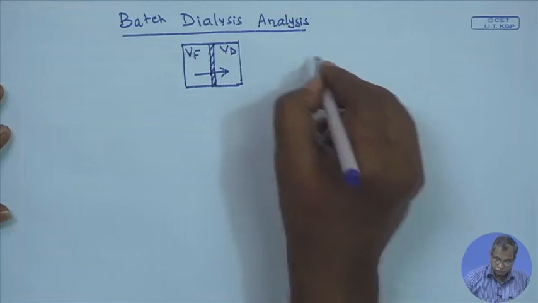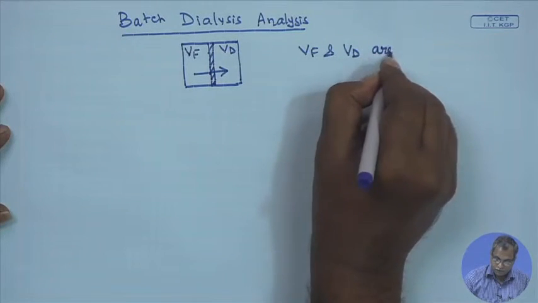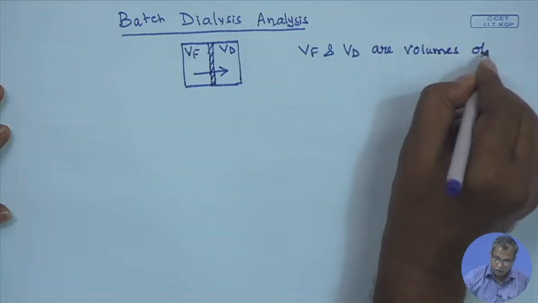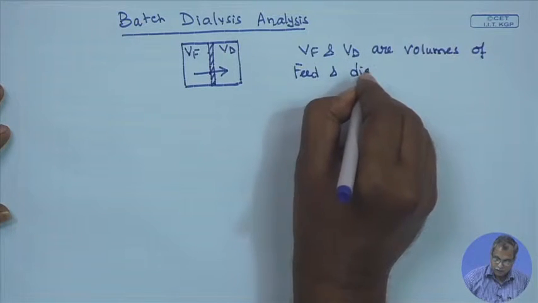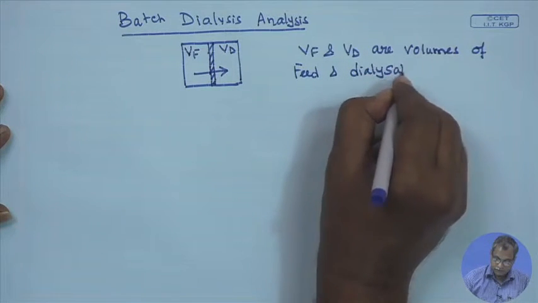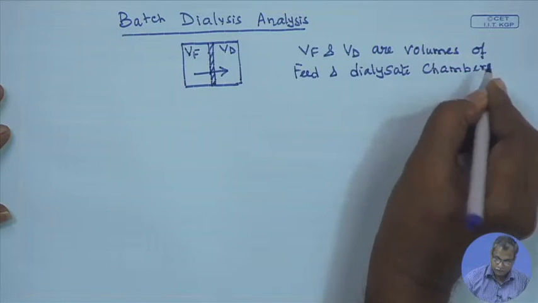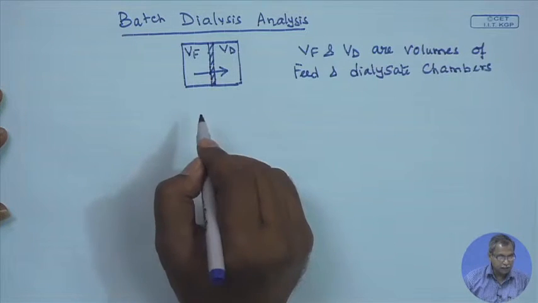Vf and Vd are volumes of feed and dialysate chambers, and the solute will be permeating from the feed chamber to the dialysate side.